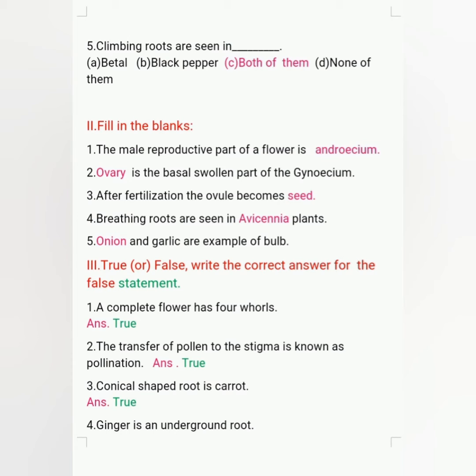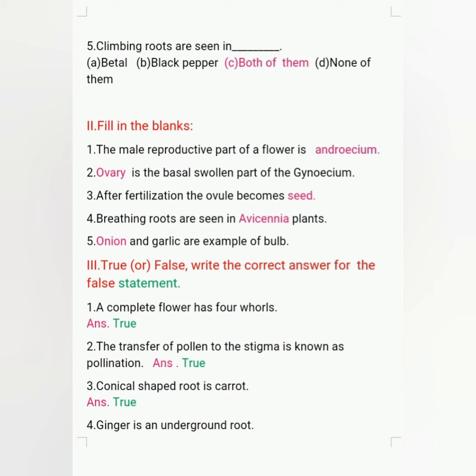The third Roman, true or false. Write the correct answer for the false statement. Question number 1. A complete flower has 4 whorls. The correct answer is true. Question number 2. The transfer of pollen to the stigma is known as pollination. The correct answer is true. Question number 3.